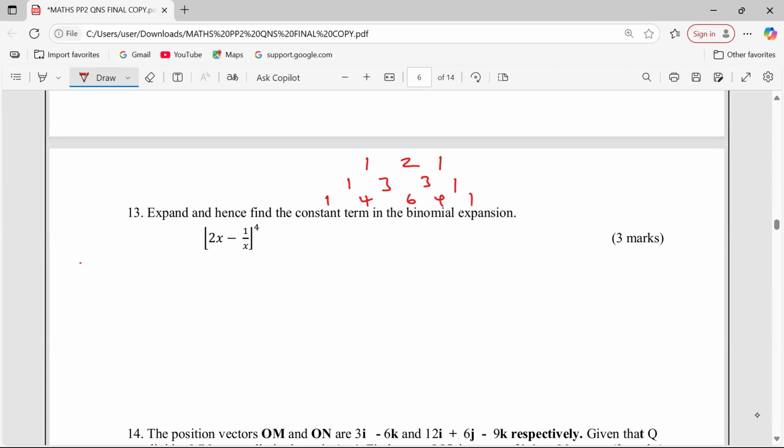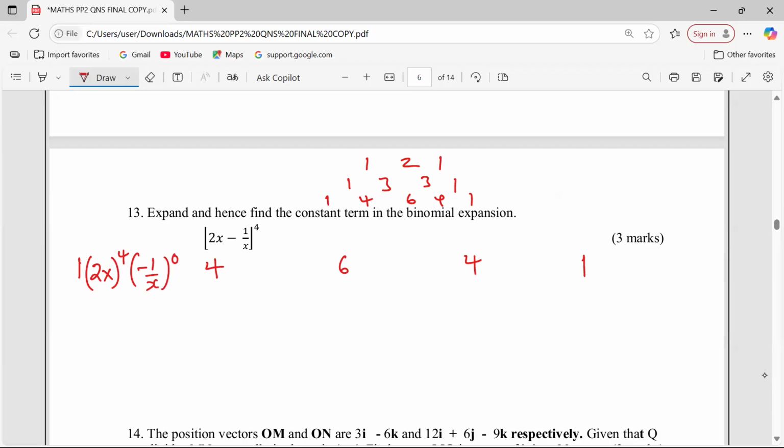So now we are expanding with binomial coefficients of 1, 4, 6, 4, 1. For power 4, these are the binomial coefficients. The first term shall be 2x raised to power 4 and negative 1 over x raised to 0.